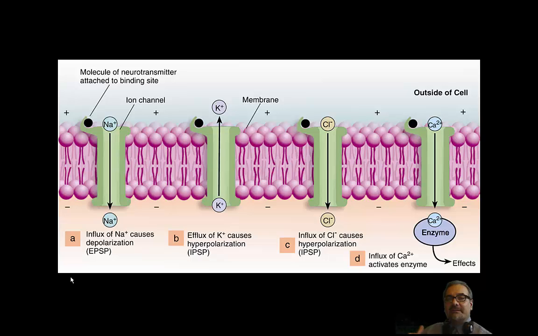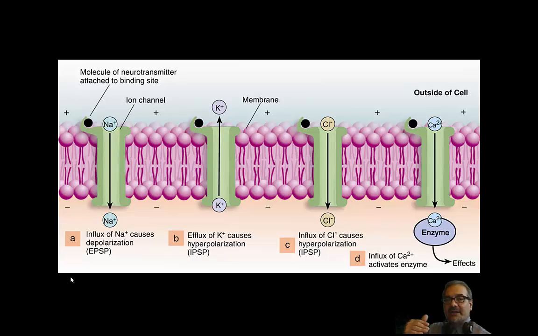Now, if you think about it, remember sodium. Sodium rushed into the cell in order to cause an action potential, because as it rushed into the cell, if you activate something that allows sodium to come in, if you reach the threshold of excitation, a cascade of sodium coming into the cell takes place.